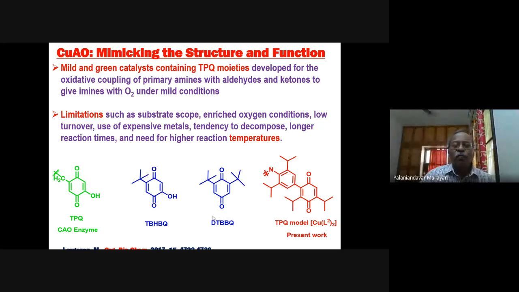So what we got is that different types of TPQ have been isolated. And a large number of papers have been published by organic chemists, thousands of papers, making use of this type of cofactor, an organic catalyst.